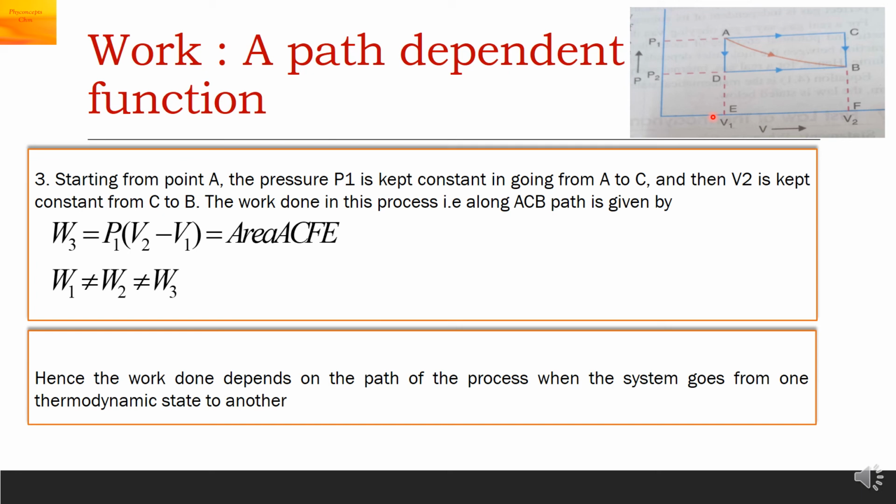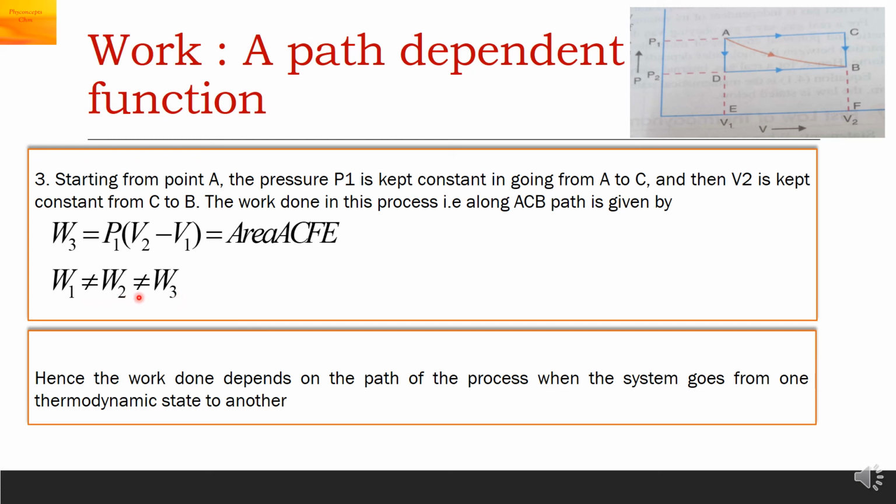So if you now compare, for the 3 different paths, we have got W1, W2, W3. We have written them in terms of area, and we can see that they are all different. So W1 is not equal to W2 and it is also not equal to W3.